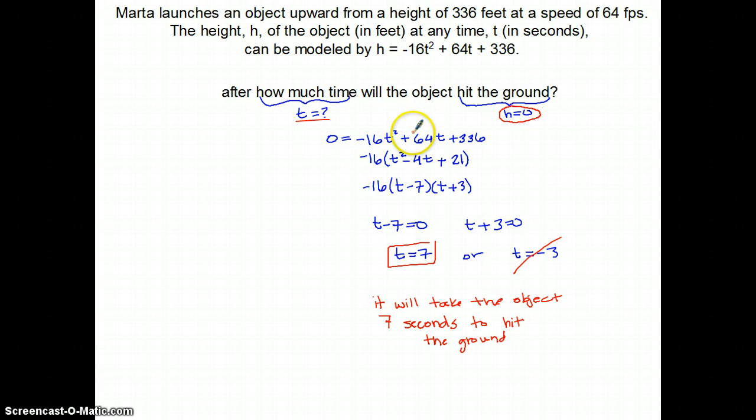So plugging in a 0, I factored the right-hand side, and solving, I obtained t equals 7 or t equals negative 3. But as I discussed previously, having a time that is negative doesn't make sense. So I disregard that solution and say that it will take the object 7 seconds to hit the ground, or to reach a height of 0.